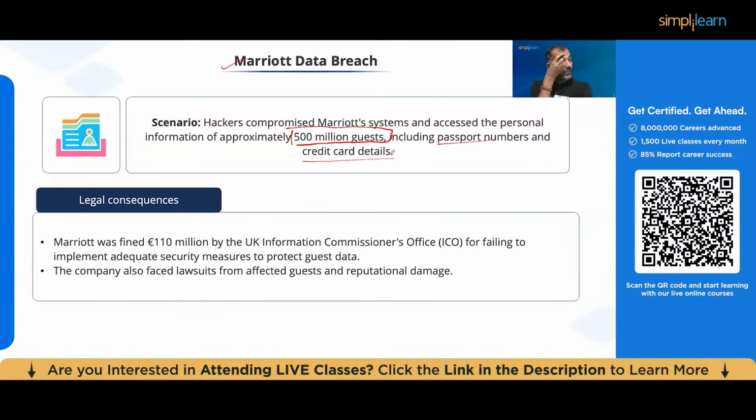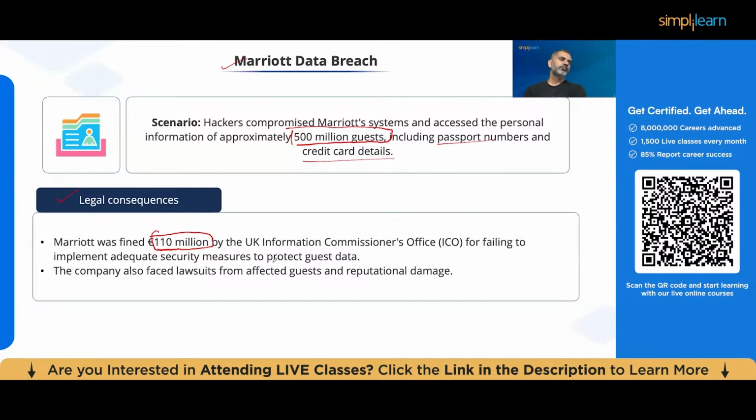That happened, and with respect to that, there were again some legal consequences faced by Marriott. Marriott was fined around 110 million euros. This was imposed by the UK Information Commissioner's Office (ICO) for failing to implement adequate security measures to protect guest data.